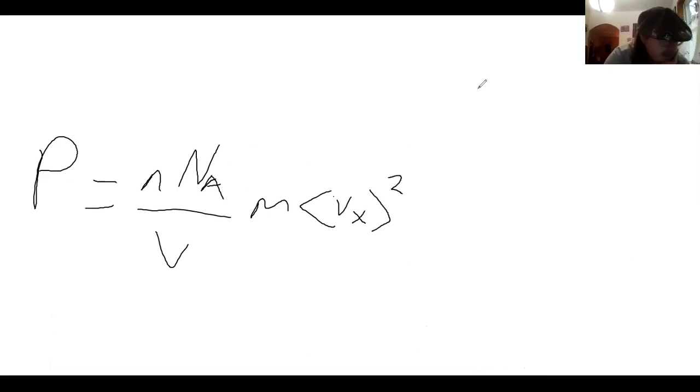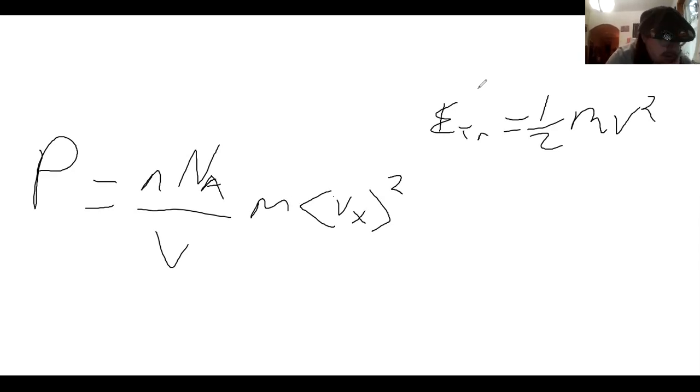Now, finally, we get back to that whole translational kinetic energy. We said that kinetic energy, what is it, the sigma E of kinetic was equal to 1/2 mv squared.